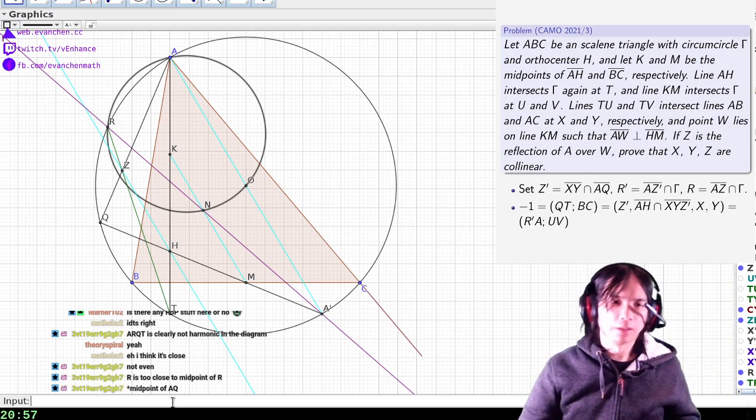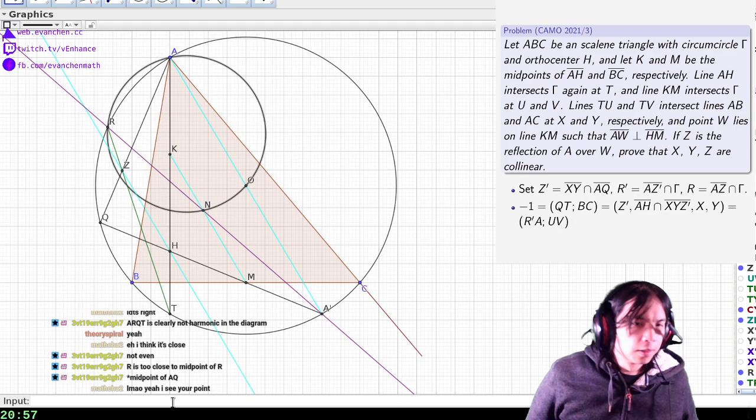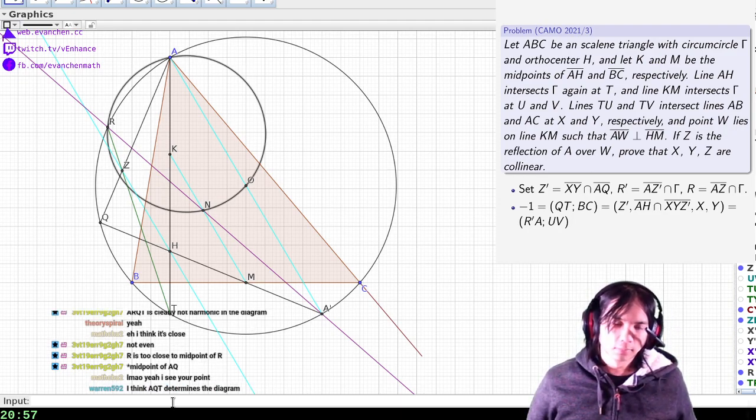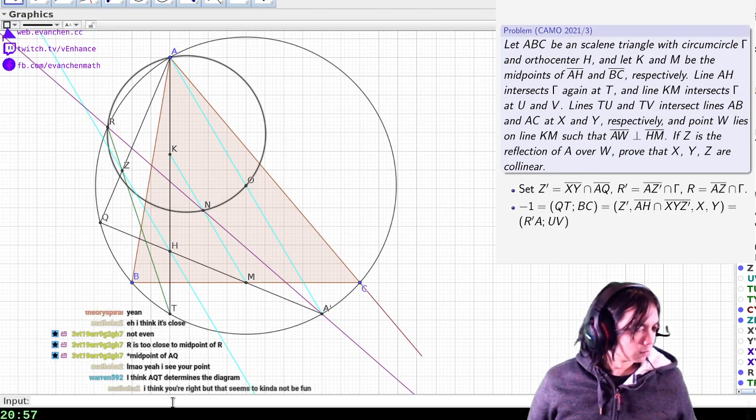Yeah, you're right. It's too close to the arc midpoint. AQT determines the diagram.